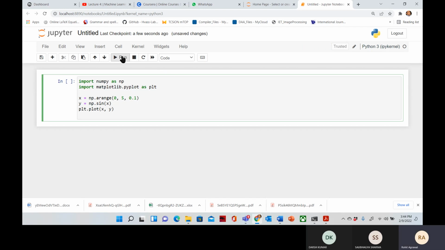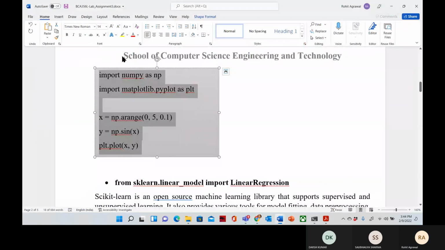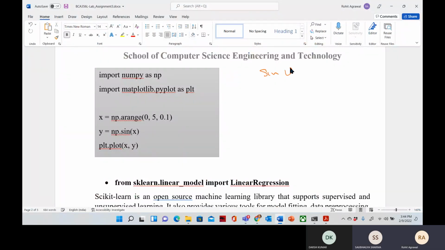Do you remember the graph of sine? Any one of you? In the 9th, 10th, or maybe 11th, 12th. Just see here, the graph of sine. Sine 0 is equal to 0. Sine 30 is equal to 1 upon 2.